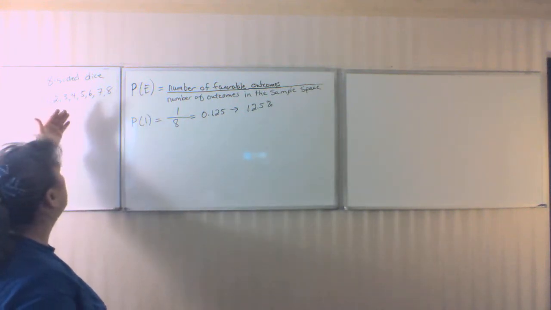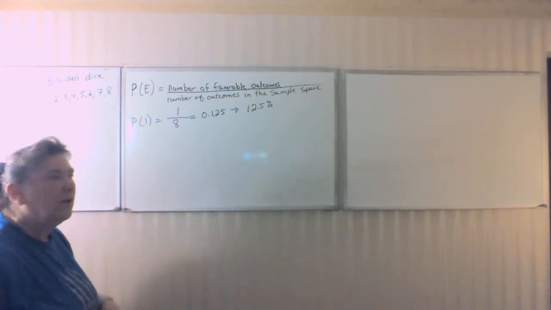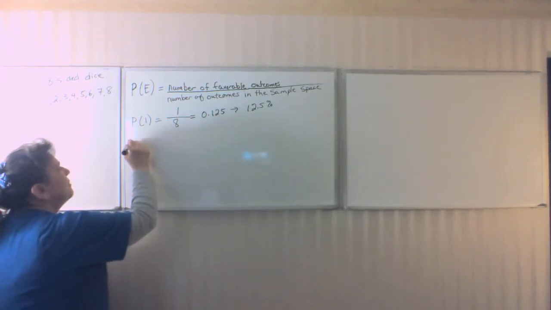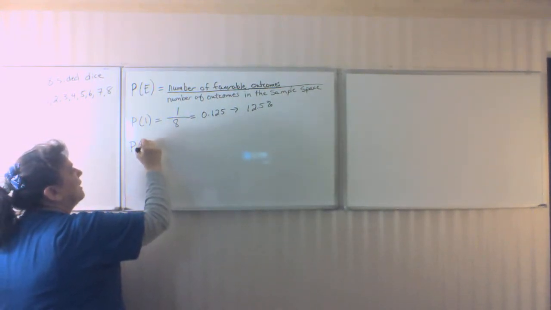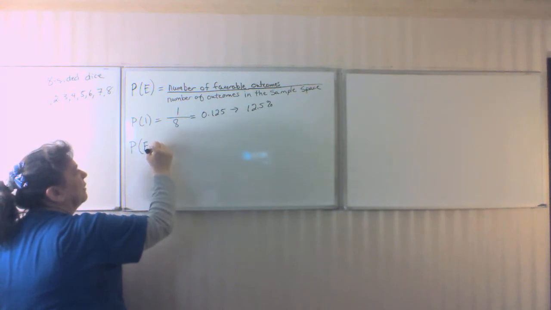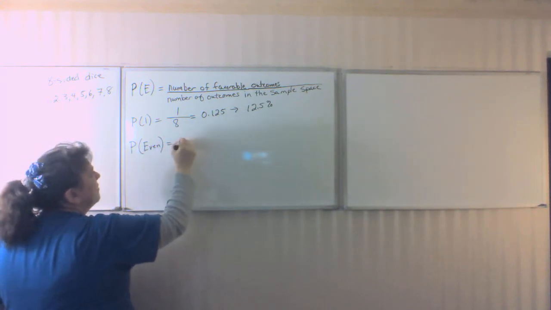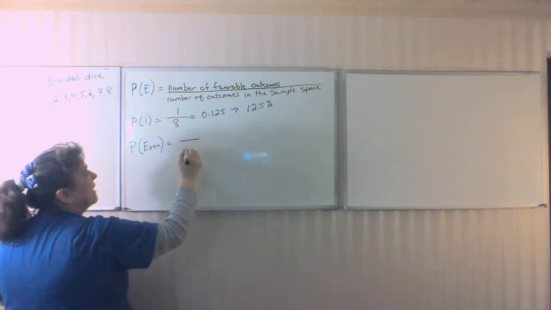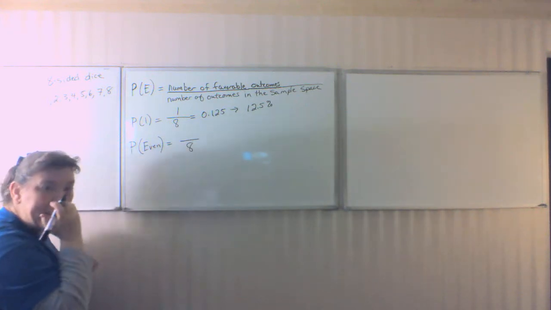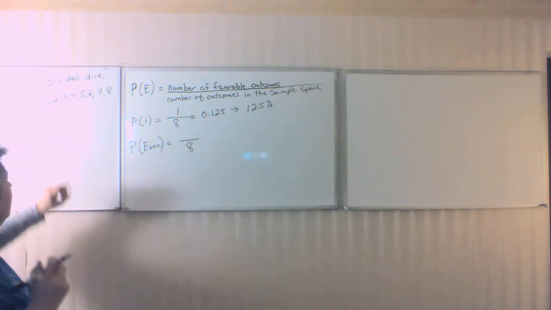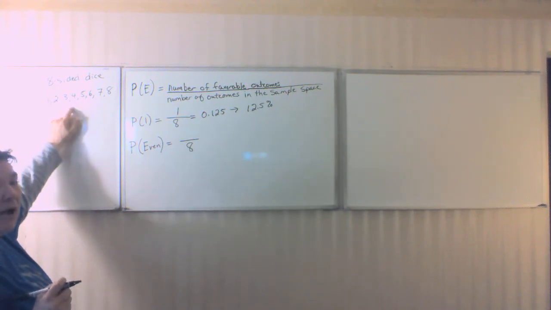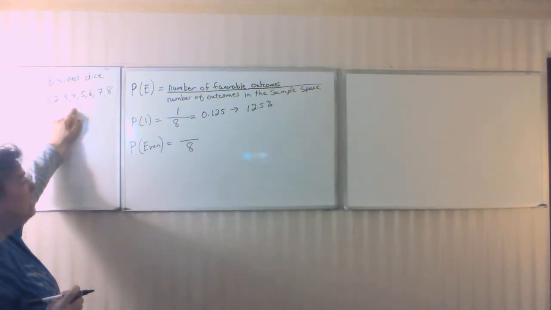If I had a 12-sided dice, well, let's do this one. Let's do the probability of rolling an even number. Well, we know in our 8-sided dice, we have 8 outcomes in my sample space.